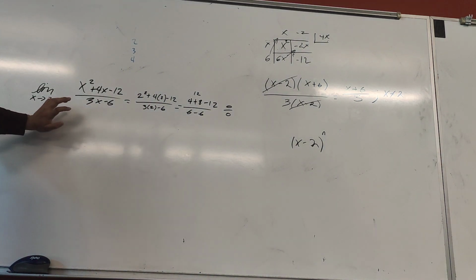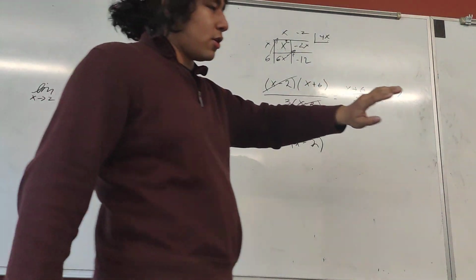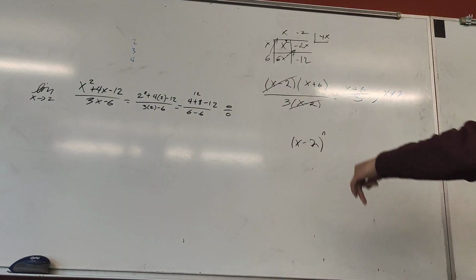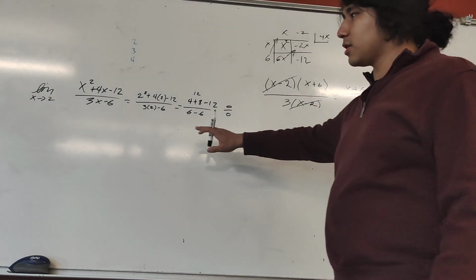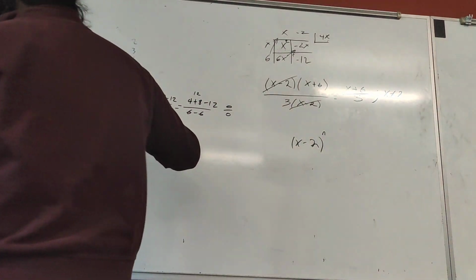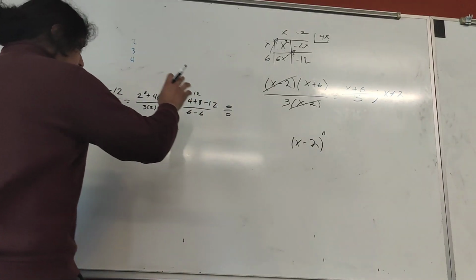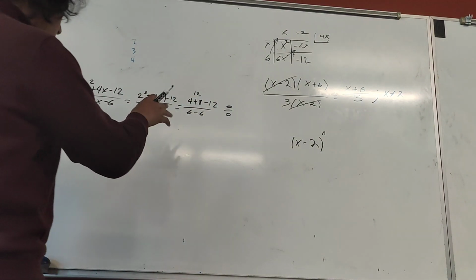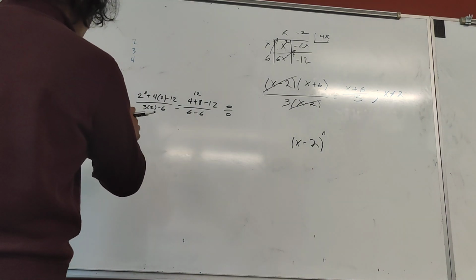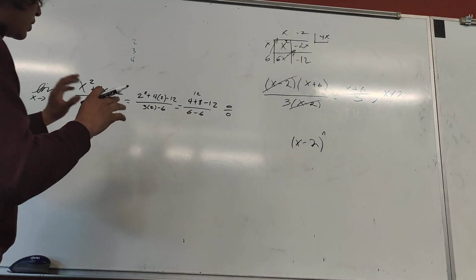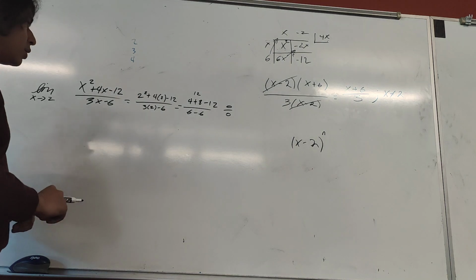But here, since we have it simplified over here, we can actually find the limit, because this is actually what you do when you have a limit that is indeterminate in a rational function.